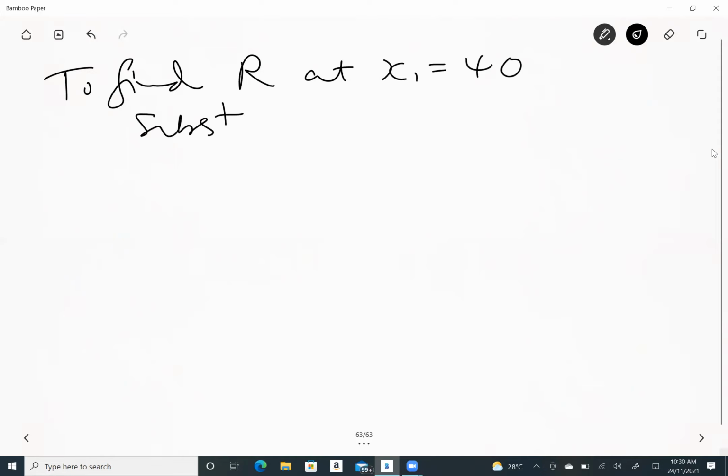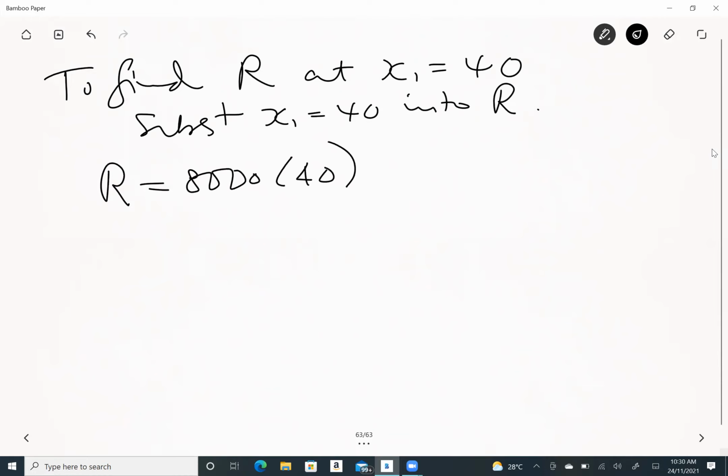So we substitute x1 equal to 40 into R. What do I get? We got 8,000 multiplied by 40 minus 40 squared minus 40.